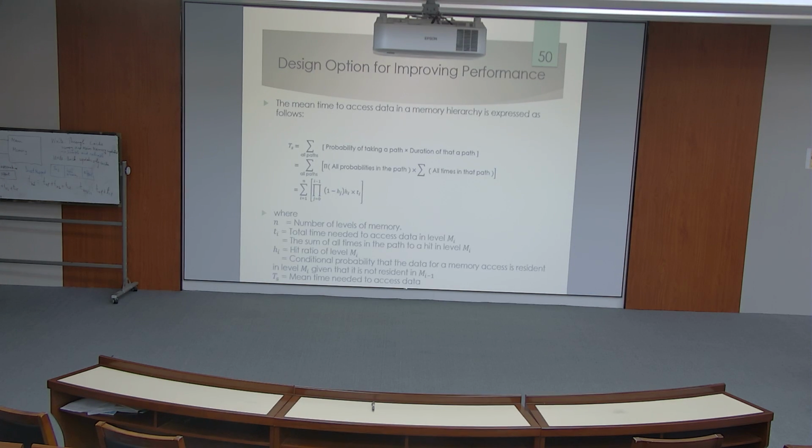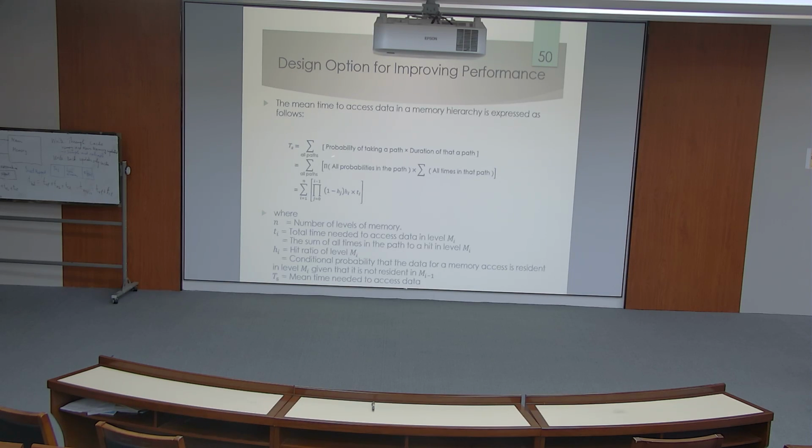Now, for design options to improve the cache performance, we have to minimize the mean time that it takes the system to retrieve the data. If you still remember, we had this expression for two-level memory. Then we have the probability of taking a path times the duration that it takes the system to return the data from the path.